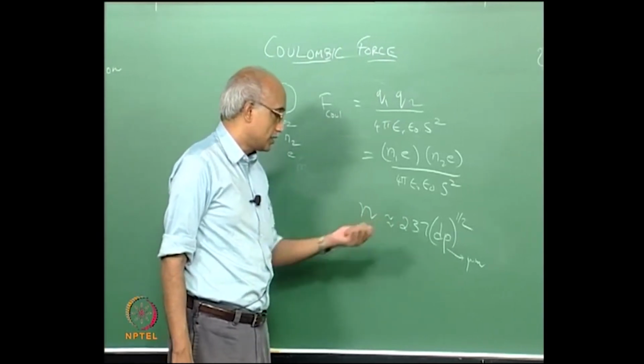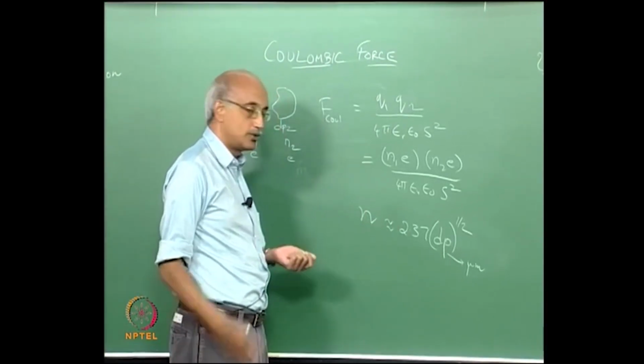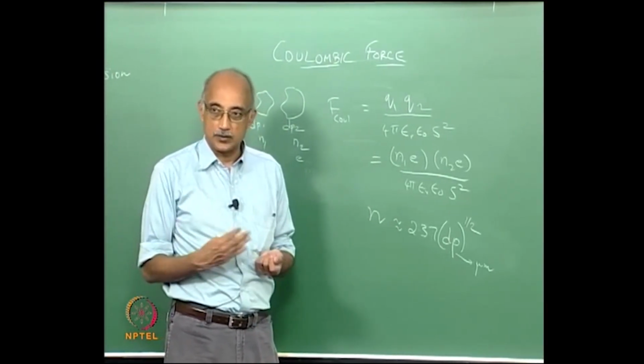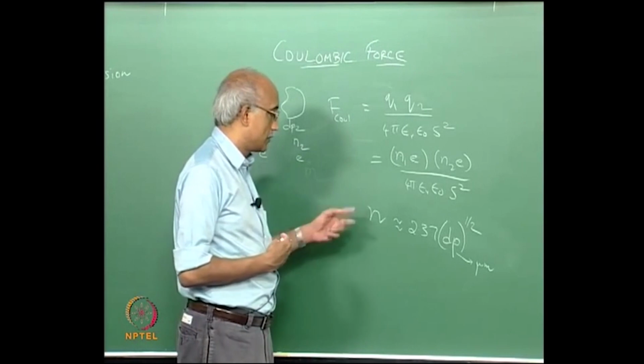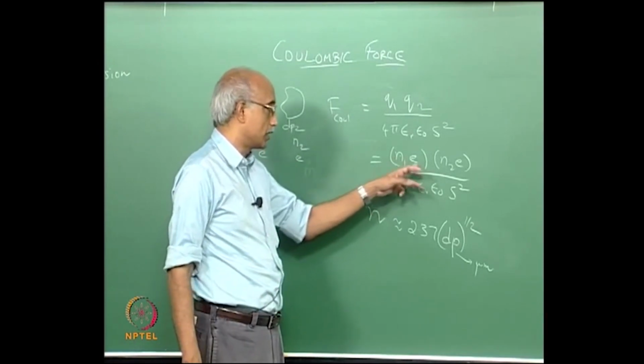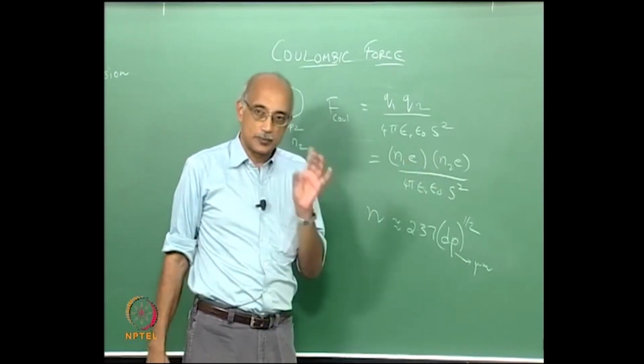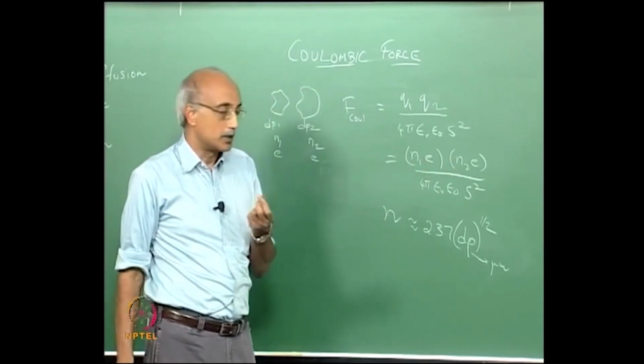And so when you look at this equation, there is clearly a drop in the charge as the size decreases, and therefore if you have two particles, the values of n1 and n2 will very much depend on the sizes of the particles.